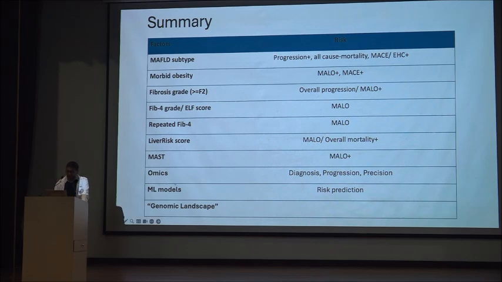The MAST score has shown good correlation with MALO. Omics is interesting because till now diagnosis is there, but how they help in progression and precision-based medicine would be important. Machine learning models which integrate all the above factors for risk prediction, and the genomic landscaping for MAFLD for our set of patients.